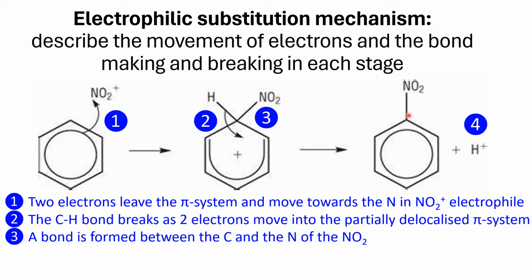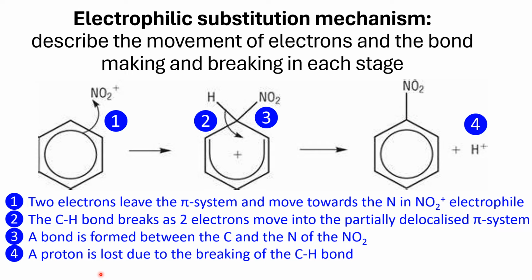So then a bond is formed between the carbon and the nitrogen. That's the bond formed by these 2 electrons moving over here. This is the resulting C-N bond that's made. So the proton is lost due to the breaking of the carbon-hydrogen bond.